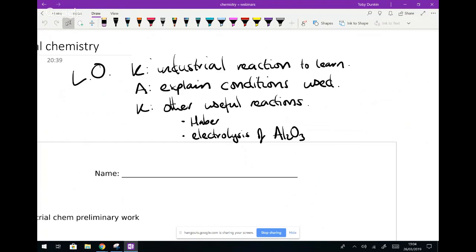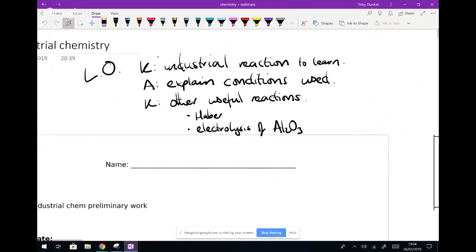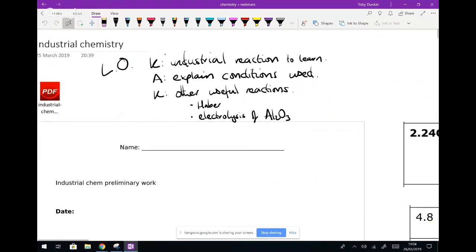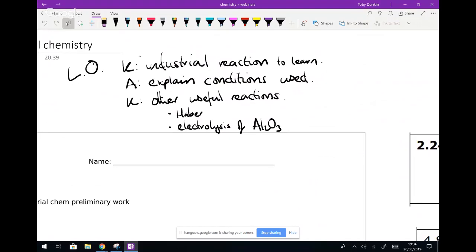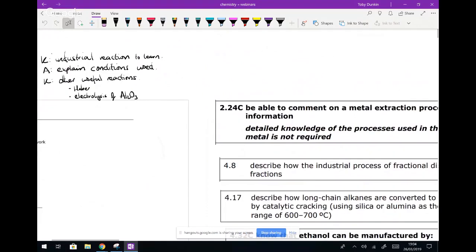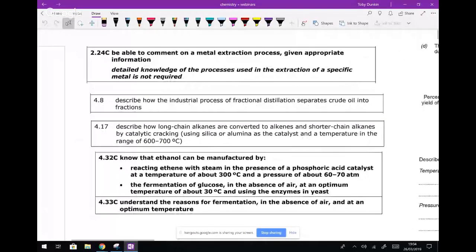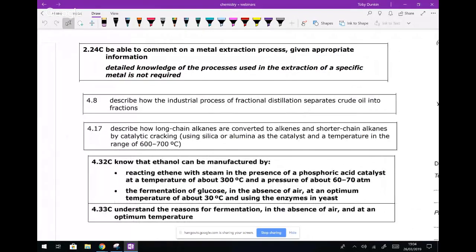So know the industrial reactions to learn, be able to explain conditions used for each one of those industrial processes, and also to know other useful reactions. These are the ones that have subsequently been erased from the syllabus. But as you'll see from the spec points, they can still do sneaky questions, and it's definitely worthwhile having those in your repertoire of knowledge.